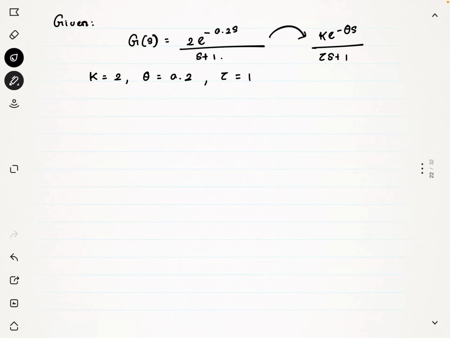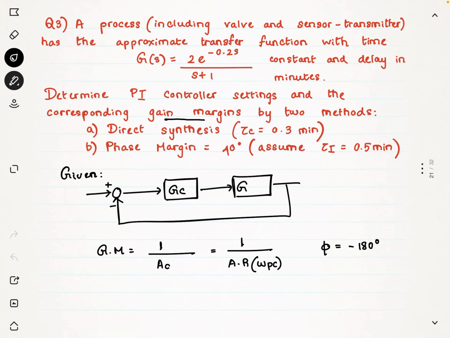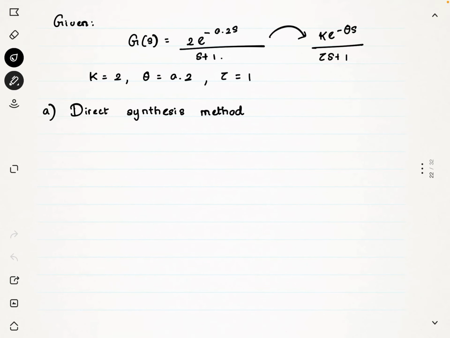And in the question we have been asked to construct for, let's do direct synthesis method with tau c is equal to 0.3 minutes.